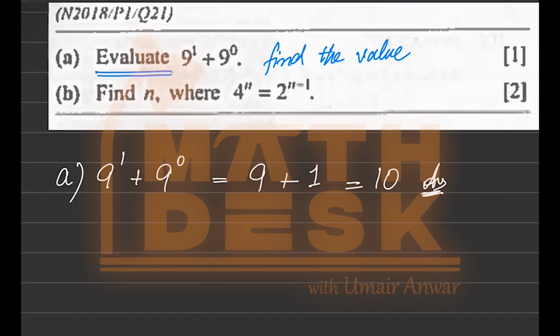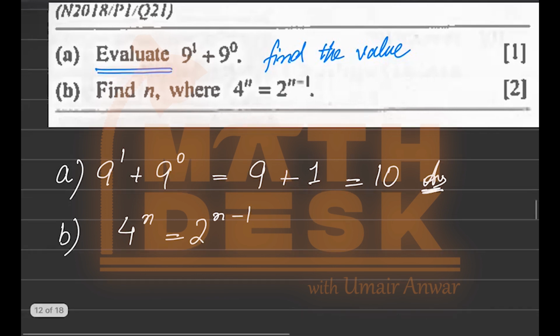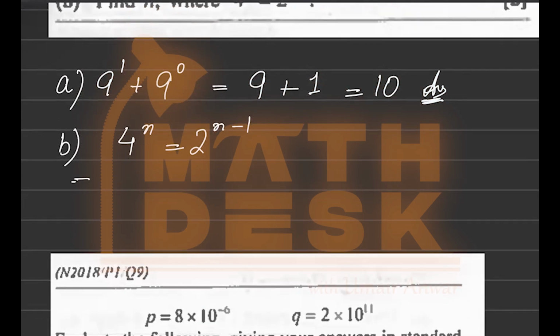Part B says we need to find the value of n, and to find this value, we have been given an equation: 4 raised to n equal to 2 raised to n minus 1. Now, this base 4 could be converted into 2 squared so that the bases on both sides are the same. Now, the powers would get multiplied.